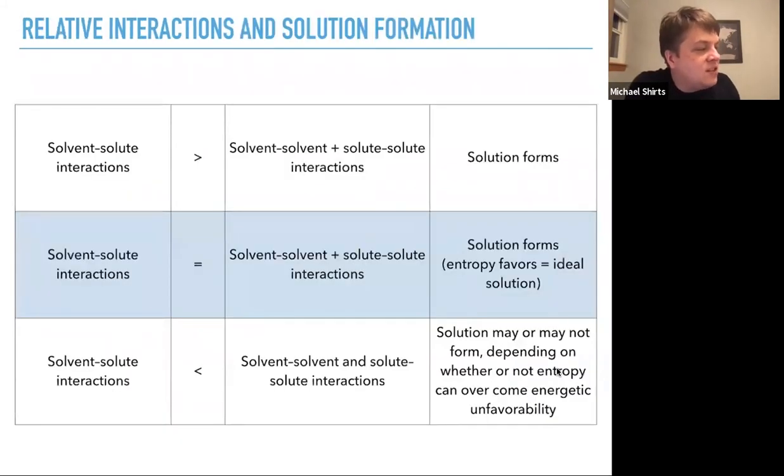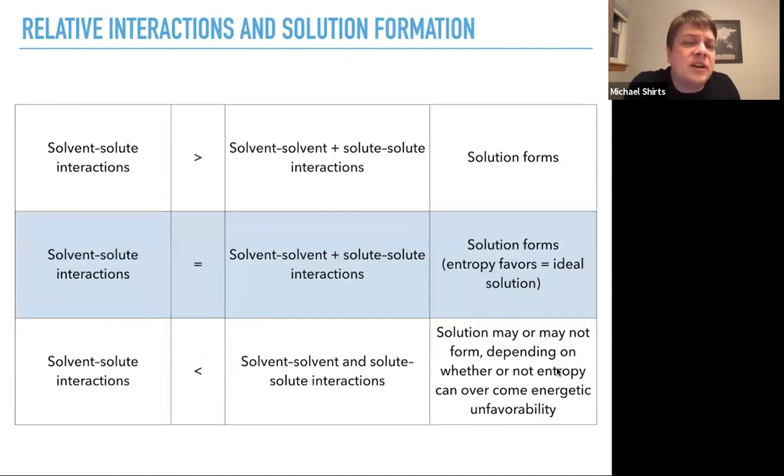Generally, if the solvent-solute interactions are stronger than the solvent-solvent plus the solute-solute interactions, the solution will always form. The energetics are saying, hey, I like to spread out, I'd rather be interacting with the solvent than with this guy over here, the solute, so a solution will form.